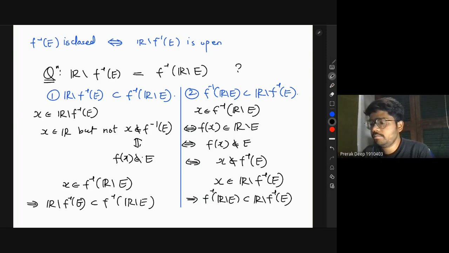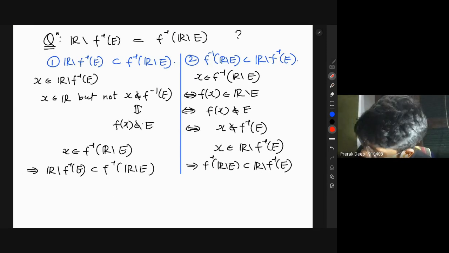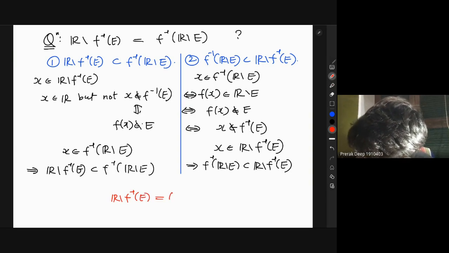Now from 1 and 2 we get the desired equality, that R minus F inverse of E is equal to F inverse of R minus E.